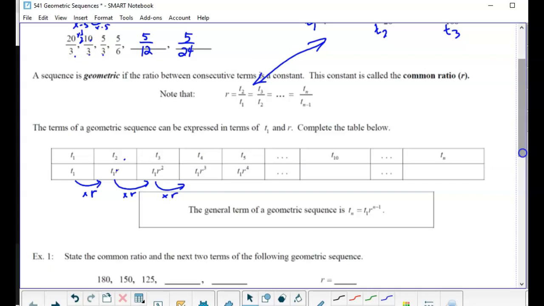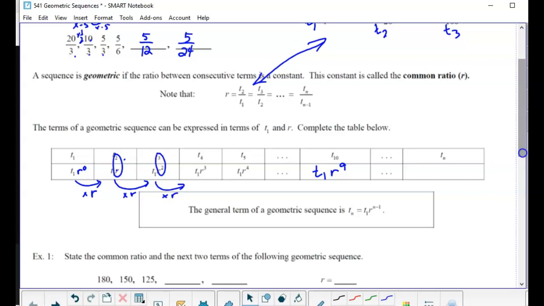And so take a look at how these values relate. So the second term has an R exponent of 1. The third term has an R exponent of 2. The first term has an R exponent of 0. There is no R, right? And so the exponent on R is 1 less than the term number. So here, this would be T1 R to the 9.